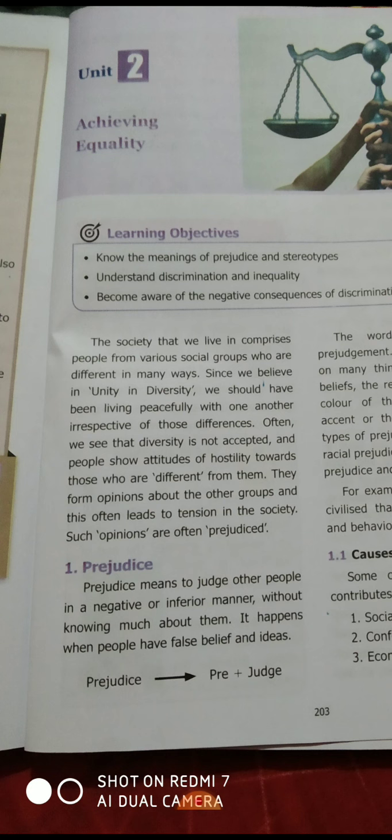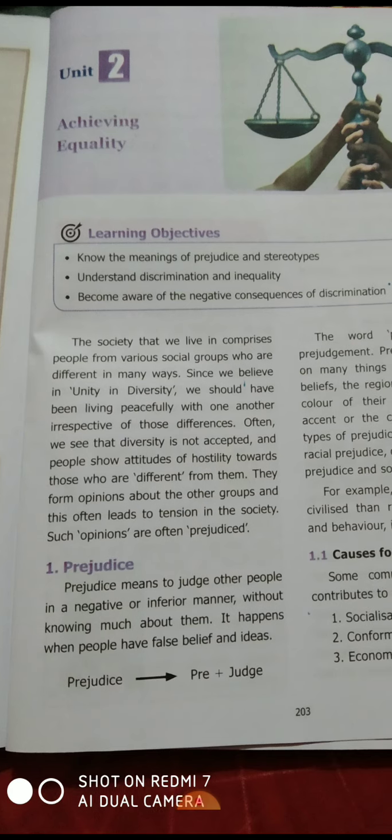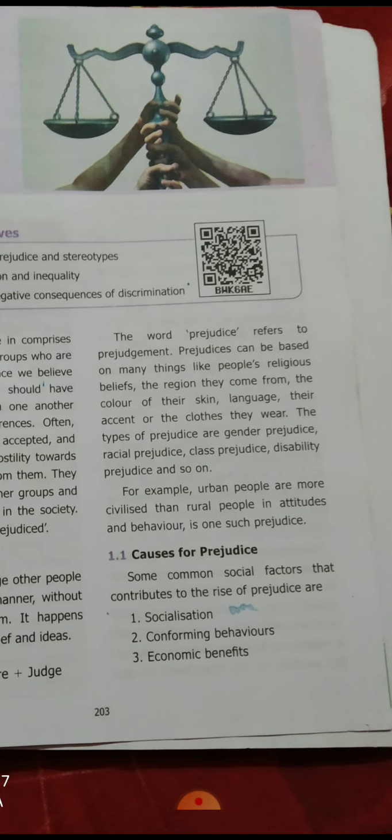It happens when people have false beliefs and ideas. Prejudice means pre plus judge. The word prejudice refers to prejudgment. Without knowing anything, we are judging the person beforehand.